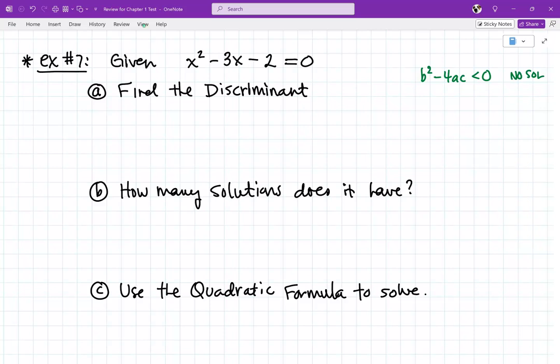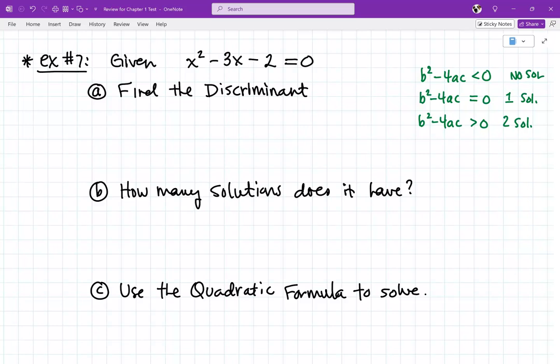If, when you use the discriminant, b squared minus 4ac, it equals 0, you have one solution. If you do b squared minus 4ac and it's bigger than 0, so a positive number, that means you have two solutions.